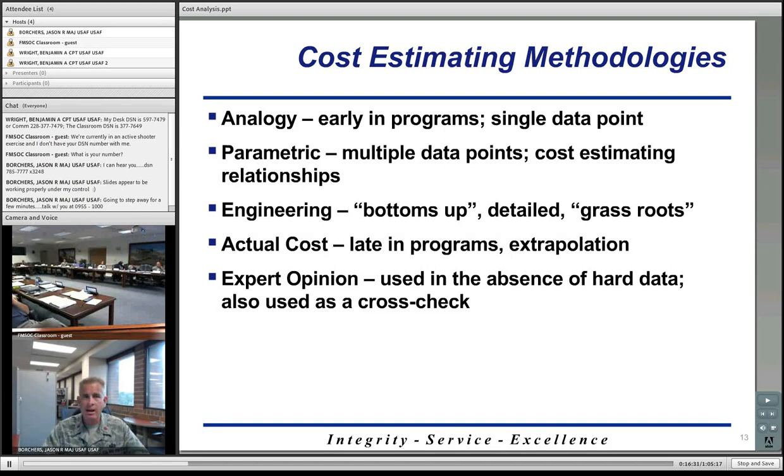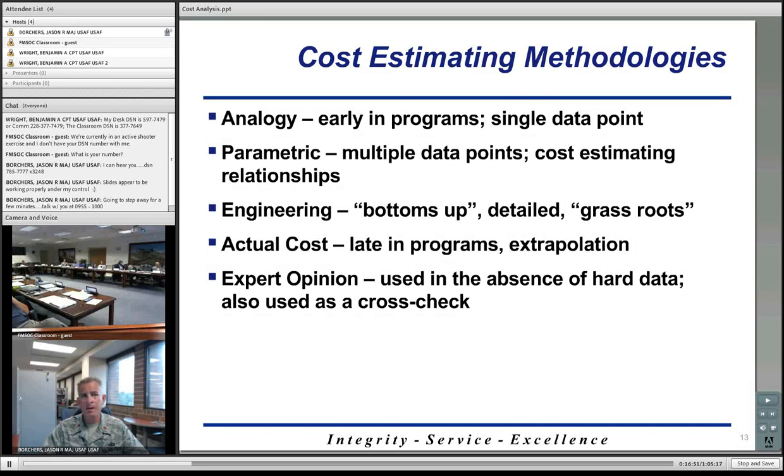That's all you have to go on. So that's essentially what the analogy methodology is, looking at a single historical data point. The second one, parametric, is going to look at multiple data points, and this is where you're going to come up with your cost estimating relationships.